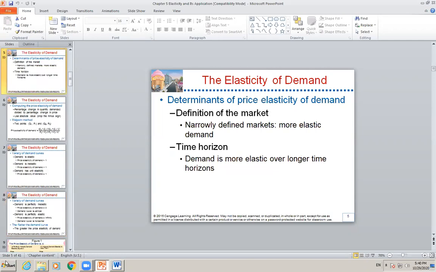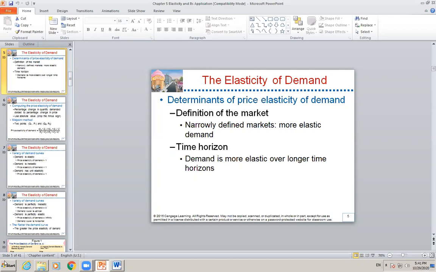The determinants of the price elasticity of demand depend not only on the different types of products, but also on the definition of the market, whether it's narrowly defined or broadly defined. Narrowly defined markets are more elastic, broadly defined markets are inelastic.